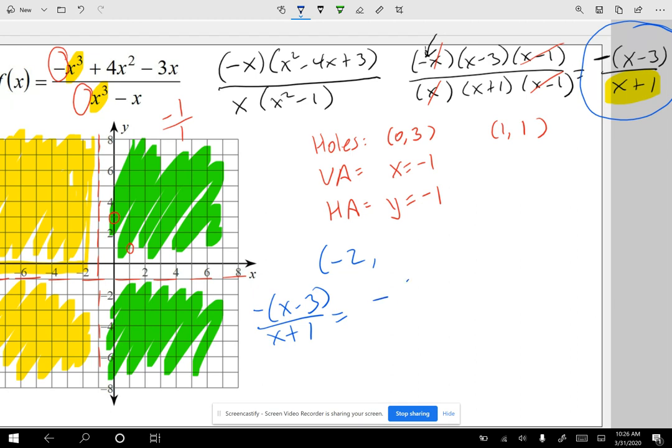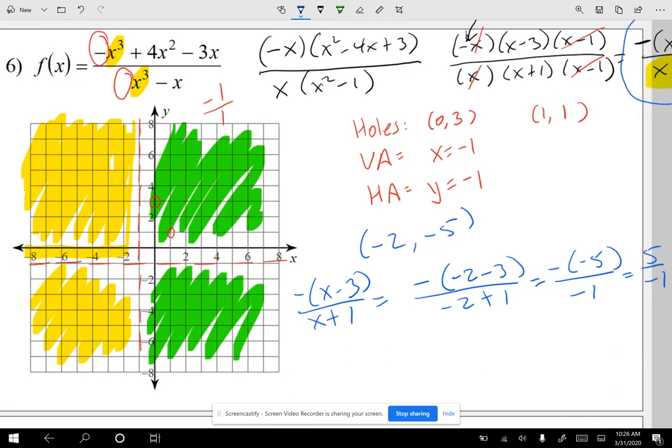So I have a negative sign, negative 2 minus 3 over negative 2 plus 1. I have a negative of a negative 5 over negative 1. So I have 5 over negative 1, which gives me negative 5. So I have the point negative 2, negative 5 on my graph.